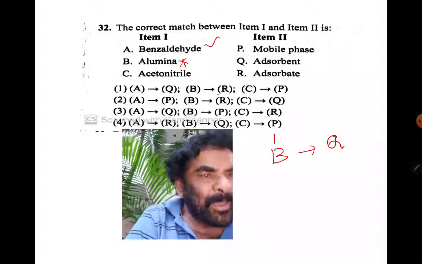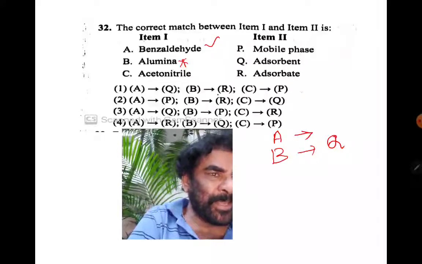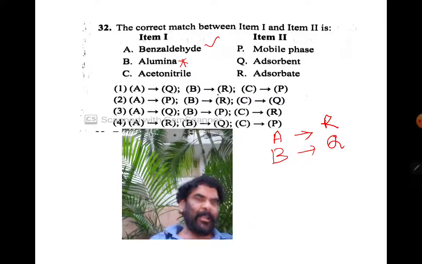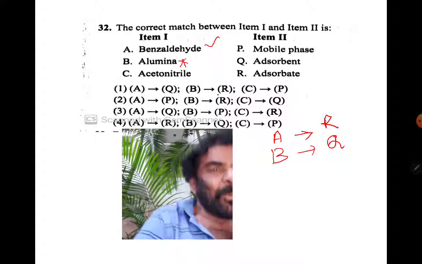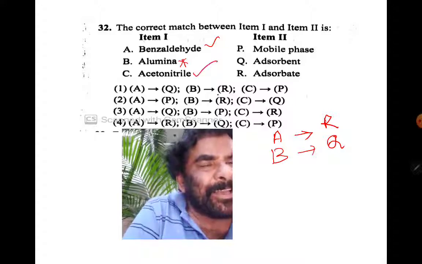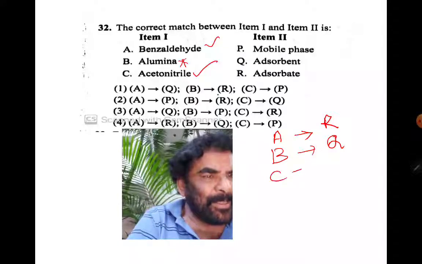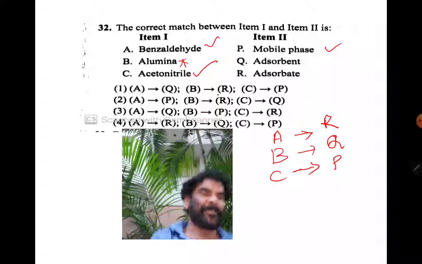You may ask how we know benzaldehyde is acting as an adsorbate. That is R. And acetonitrile is the mobile phase. Just matching, but what is the meaning of the mobile phase?